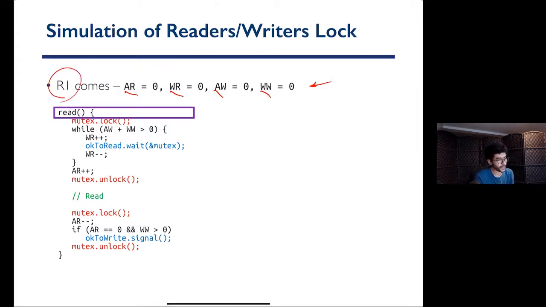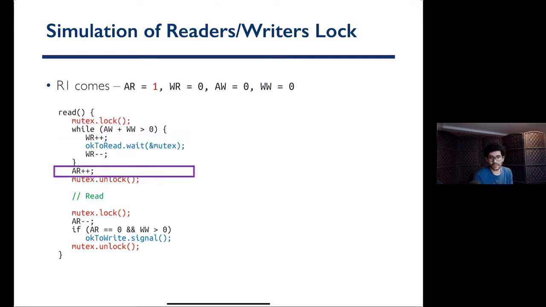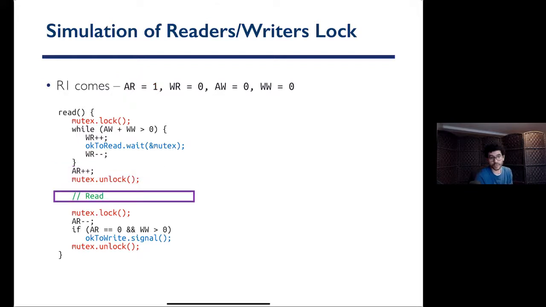It calls acquire reader lock and locks the mutex. It checks for active writers or waiting writers. There are none, so both are 0. So this becomes the first active reader. We increase active readers to 1. At this point, it goes and starts reading.